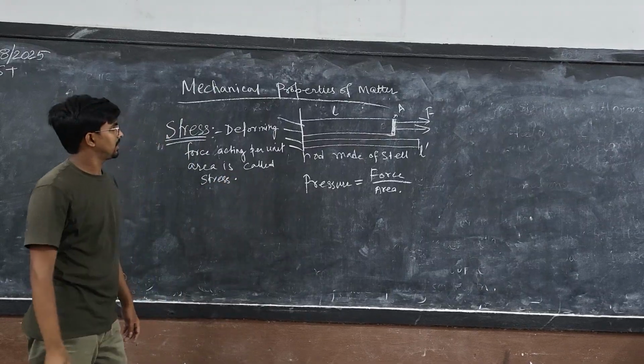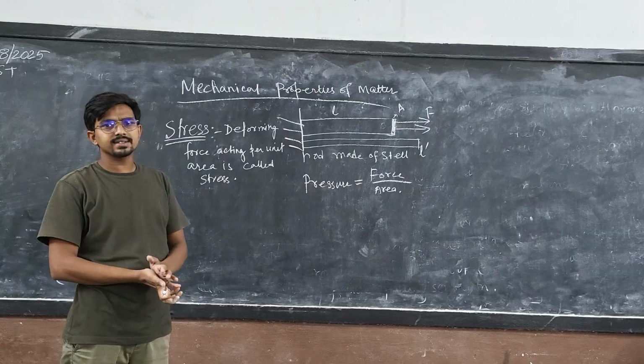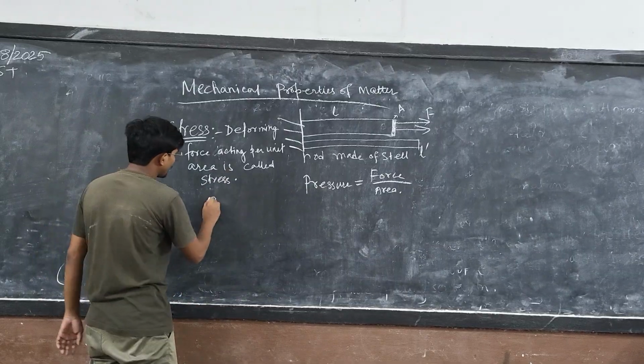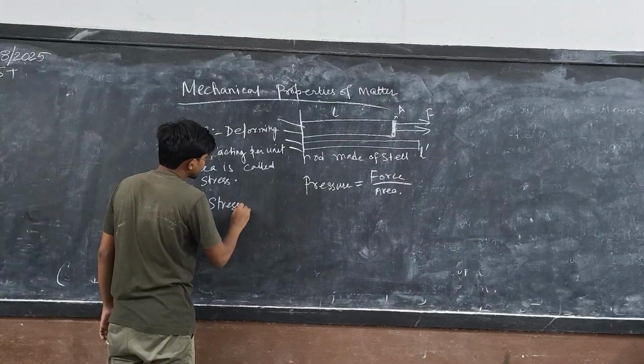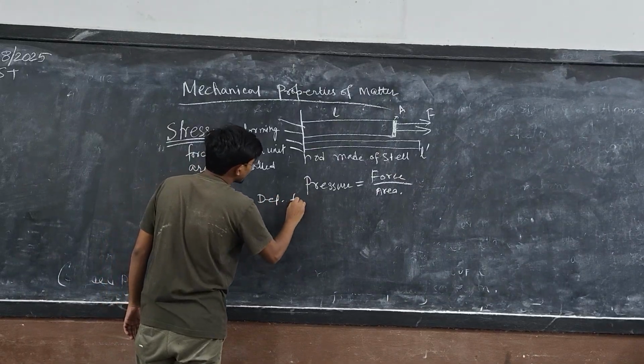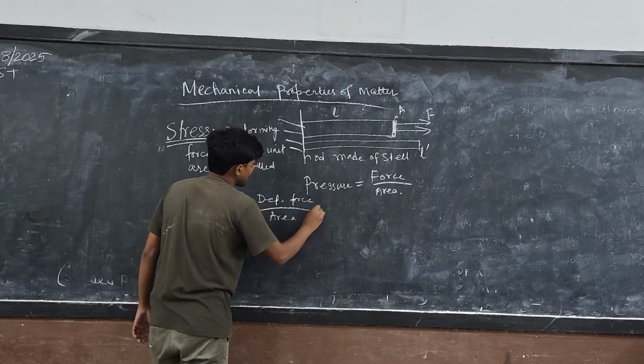So I think it is familiar to you now. Pressure and stress are the same quantities. That's why stress has the units and dimension of pressure: deforming force divided by area.